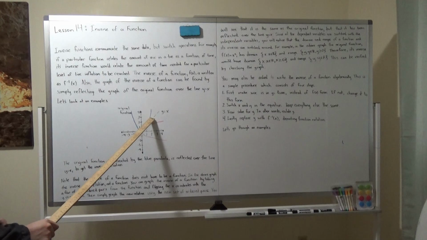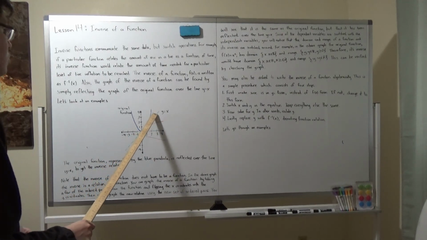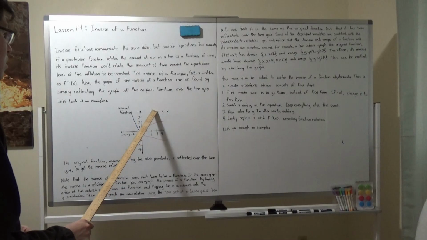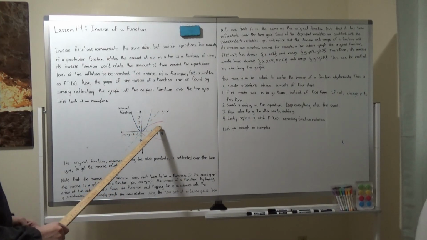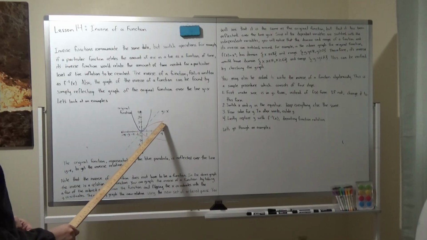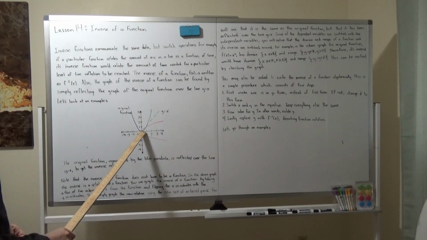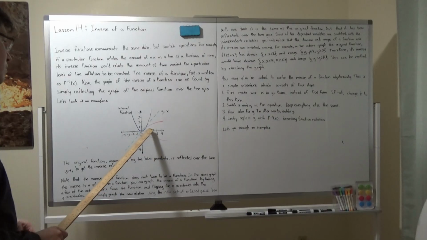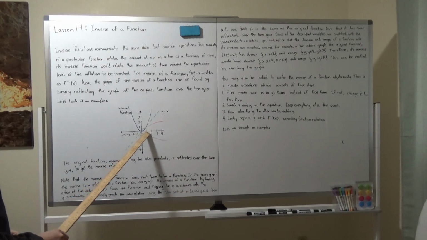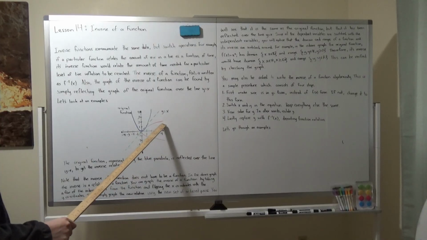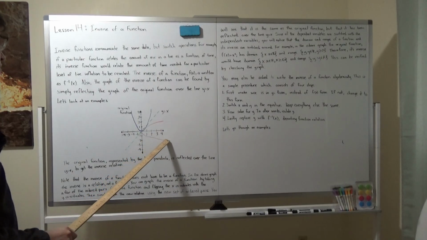We take 2, 4, we switch the x and y coordinates, it becomes 4, 2. So we plot 4, 2 and we connect it with 1, 1 and with 0, 0. And we do likewise on the other side, and we connect it to get the inverse function.